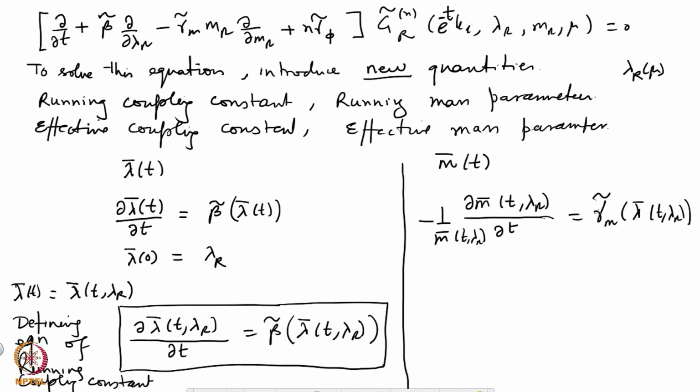So gamma tilde we already know, it's a function of lambda r. That lambda r you replace by lambda bar, and whatever you get sits here. And this is again by definition, it satisfies this differential equation together with the boundary condition that m bar at t equal to 0, and with this choice of lambda r, is mr. So these are the defining equations.